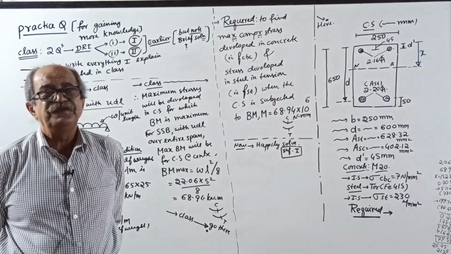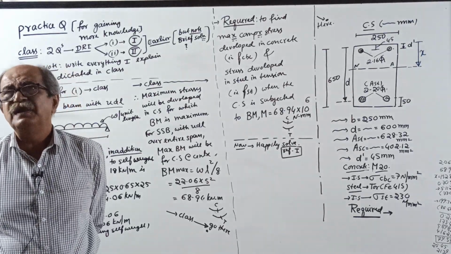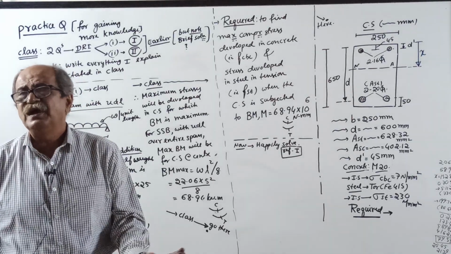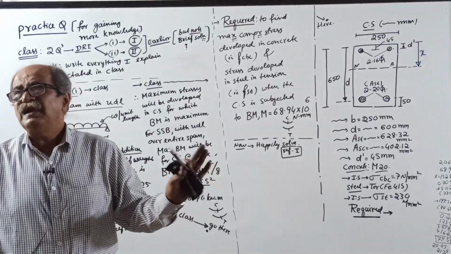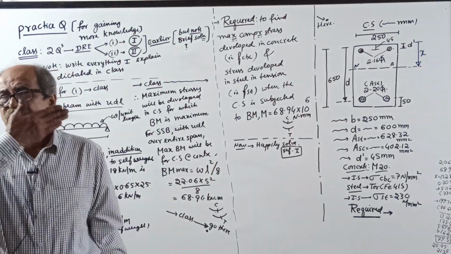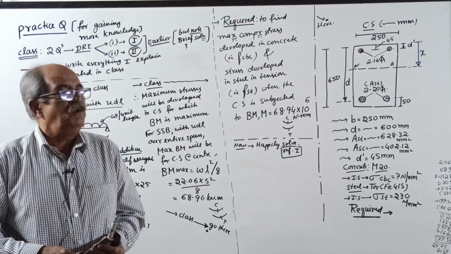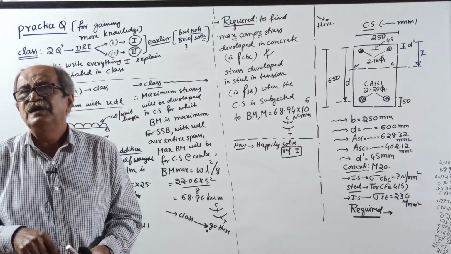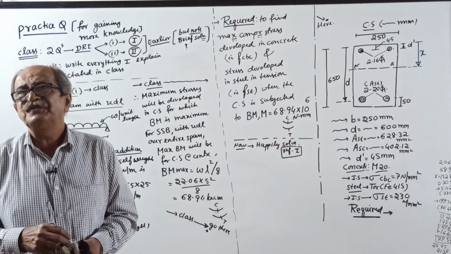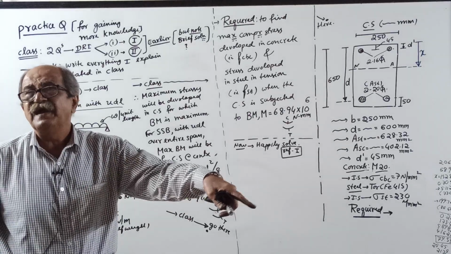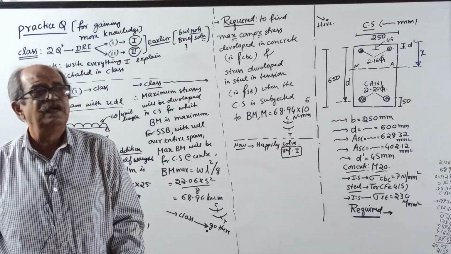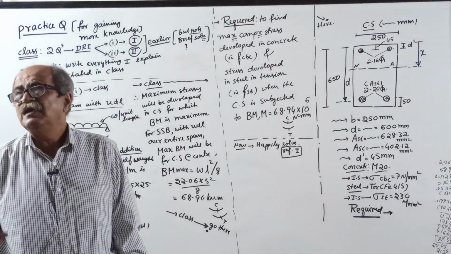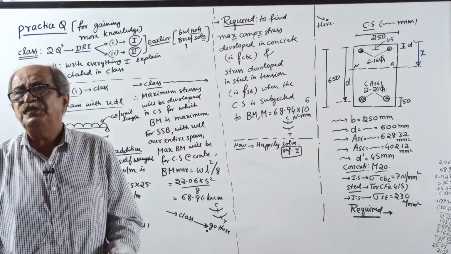Strength, permissible stress, balanced, under reinforced, over reinforced, none of them will come. Apply the bending moment, find the stresses. It is like eat and pay: whether you have money or not hardly matters. The hotel owner will not ask if you have enough money. Whatever you order, he will supply, and lastly you will be told to pay. If you say money is not there, it is your problem.